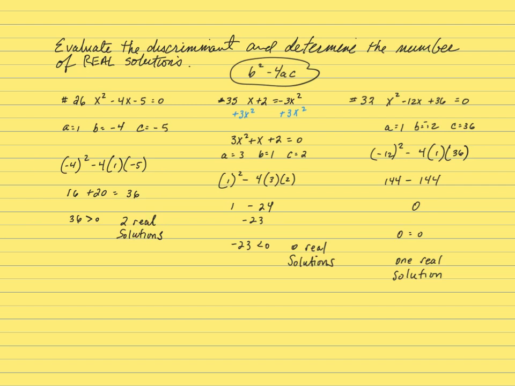If we have a negative number, then it is less than 0, so we have 0 real solutions because we are unable at this time to find the square root of a negative number. And then if it is equal to 0, then it has 1 solution because 0 is neither positive nor negative, so the square root of 0 is 0. And that is evaluating using your discriminant.